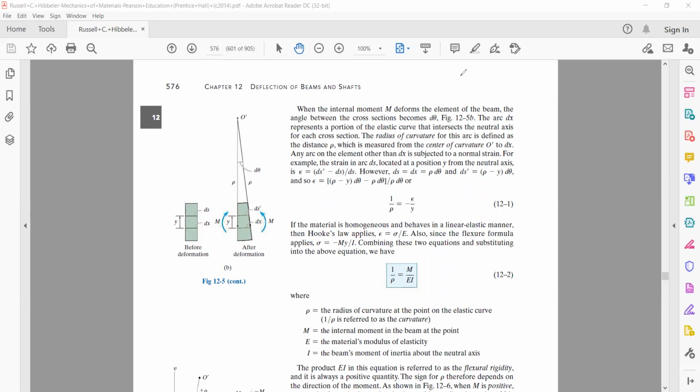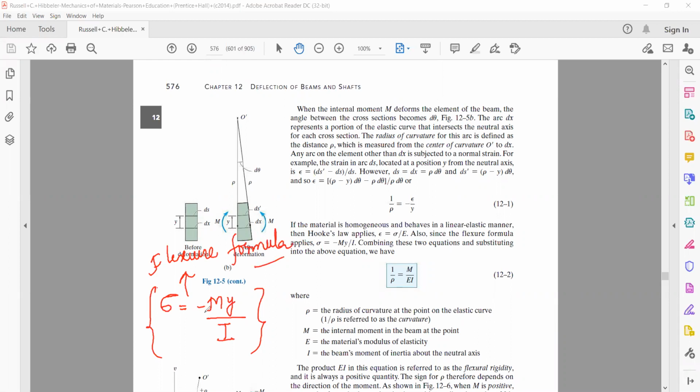In the previous semester we were talking about the stresses in the beams, and we already have an equation in hand: stress is equal to minus My divided by I. This formula is known as the Flexure formula.